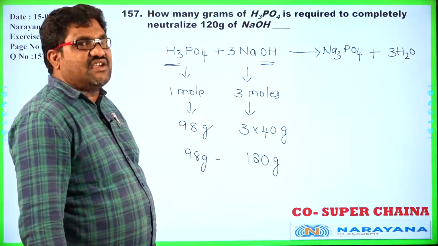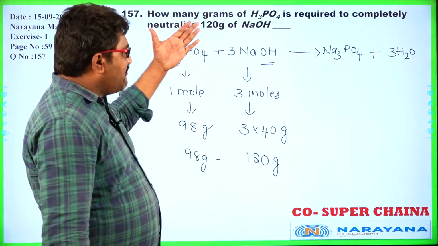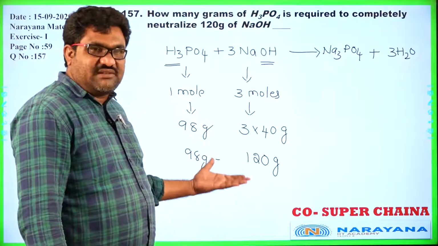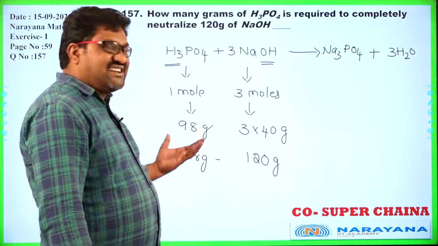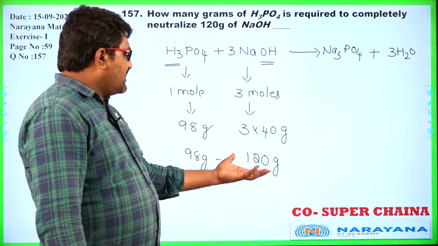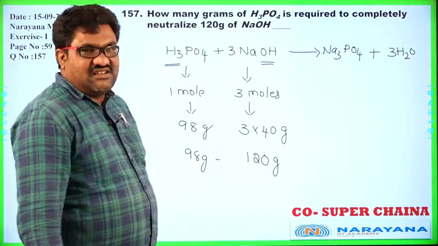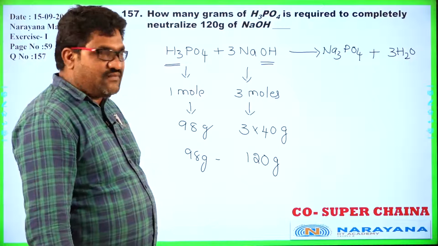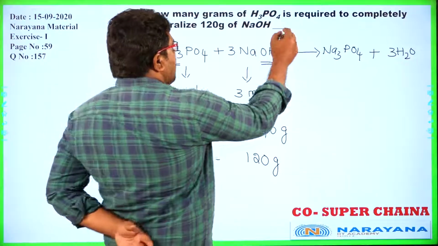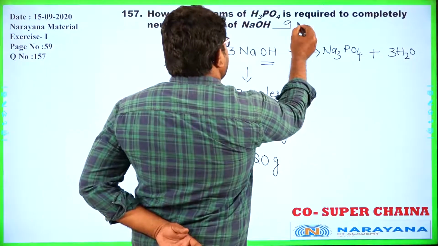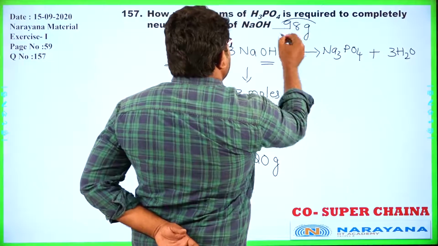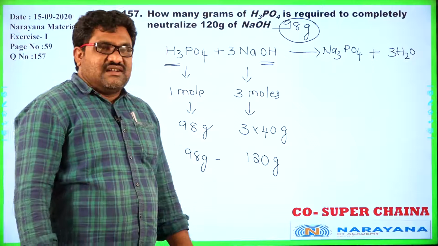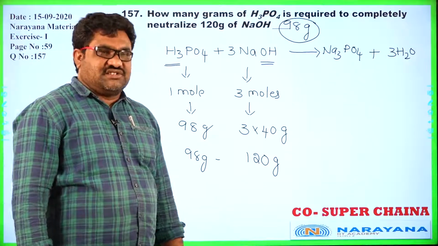Clearly, no need to calculate. According to the balanced equation, I can change the number of moles into corresponding molecular weights, and from that comparison, for 120 grams of NaOH, it requires 98 grams of H3PO4. So the answer is 98 grams. Is it clear? Let us go for the next question.